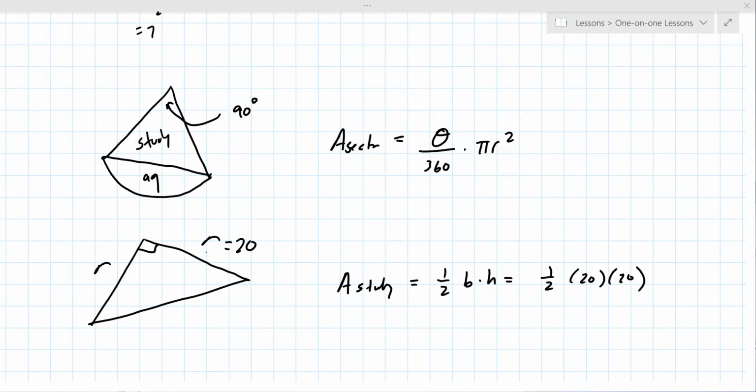That formula is the angle, I'll call it x, out of 360 times pi times r squared minus 1/2 times base times height, because that's the area of the triangle. So it's 90 out of 360 times pi times 20 squared minus 1/2 times 20 times 20.